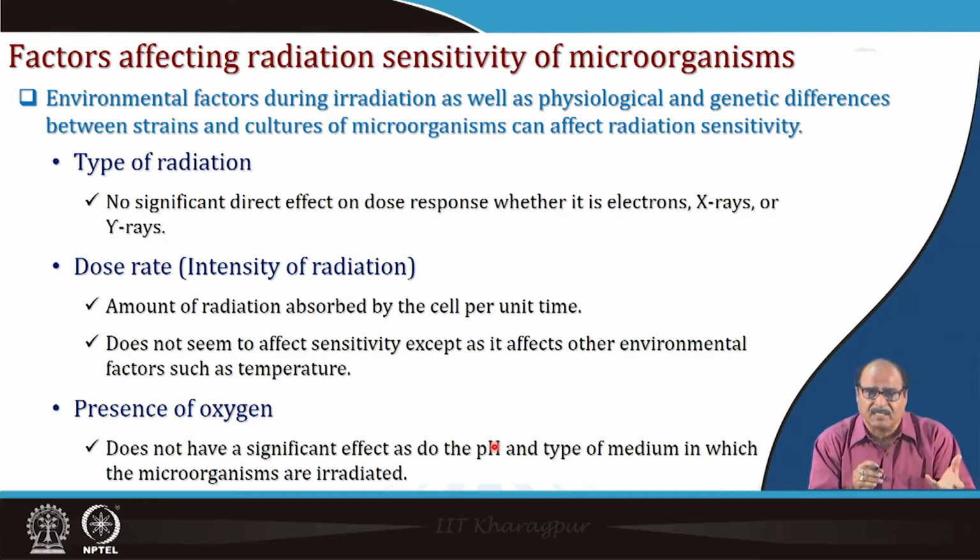Whether you are using X-rays or gamma rays, the required dose of radiation has to be given. Similarly, dose rate, the intensity of the radiation, also generally does not affect the radiosensitivity. Okay. Whether you are giving it at a fast rate or a slow rate.